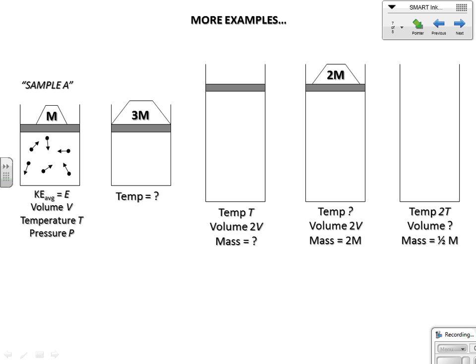All right, so you're going to base everything on this. This is kind of your baseline. Here we're looking for the temperature. Here I tell you some stuff. Same temperature, twice the volume. How much mass? You know, we're kind of looking for pressure here. Here I tell you the volume. I tell you how much mass. We're looking for temperature. Here the volume is how big? I don't know. Well, I tell you the temperature of the gas.